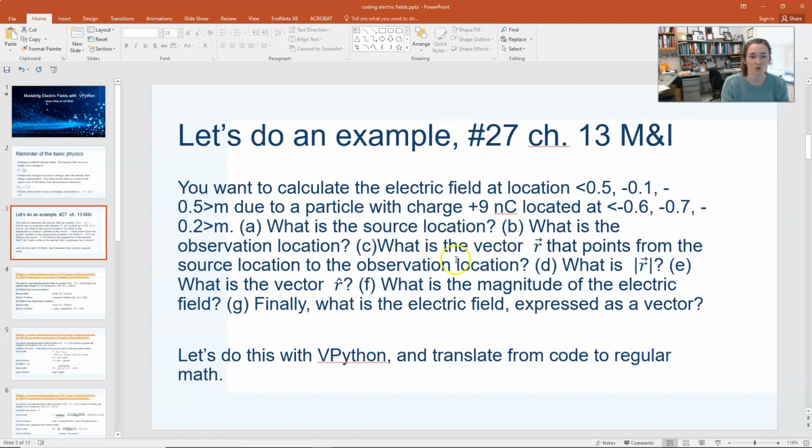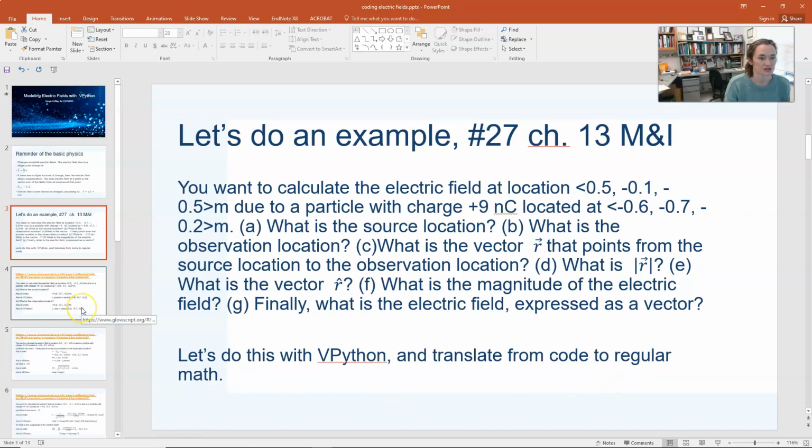Part B, what's the observation location? C, what's the vector r that points from the source to the observation? What's the magnitude of that vector? What's the unit vector? What's the magnitude of the electric field? And finally, what is the electric field expressed as a vector? Those are exactly the steps you need to follow whenever you calculate an electric field.